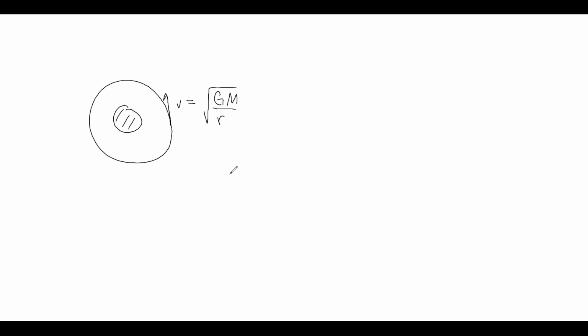What's the energy? What's the kinetic energy of the object, first of all? Well, clearly, the kinetic energy is 1/2 mv squared. When you square this speed, the GM over r, you find that the kinetic energy equals 1/2 m times big G, big M over little r.